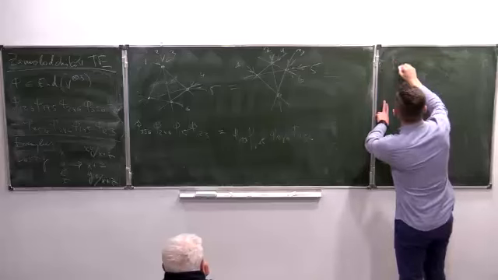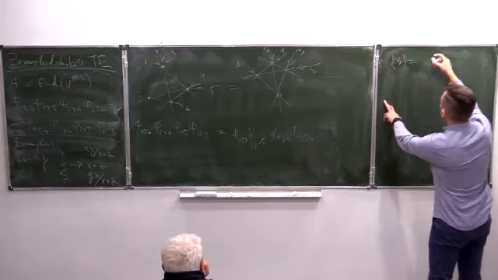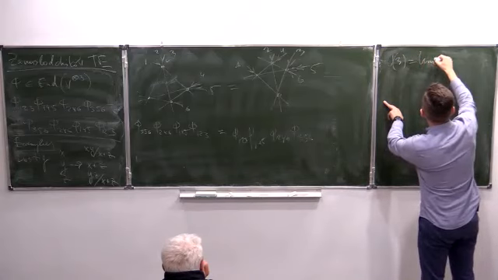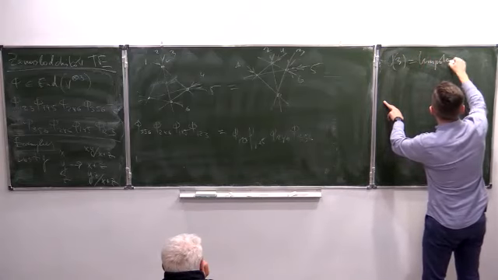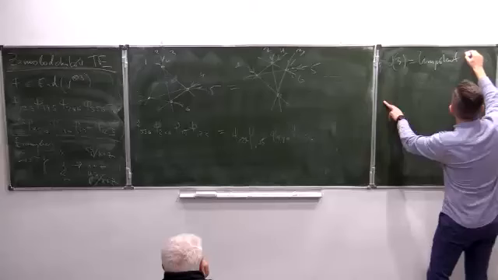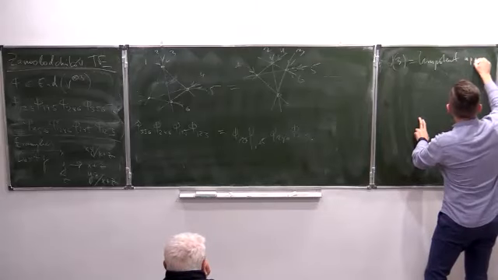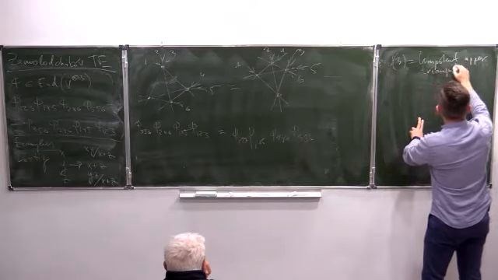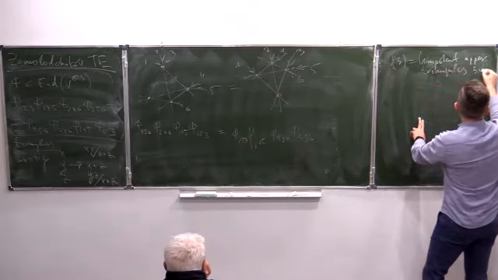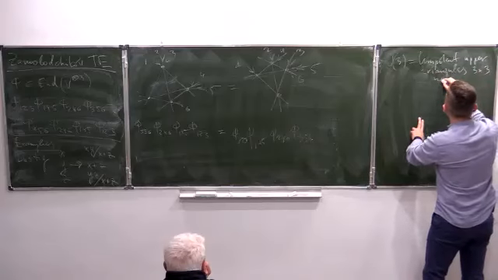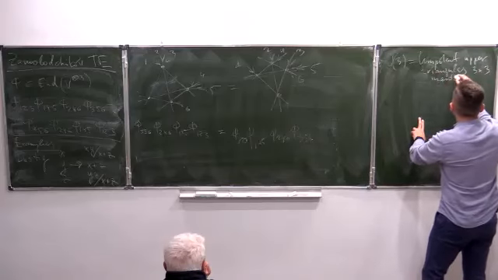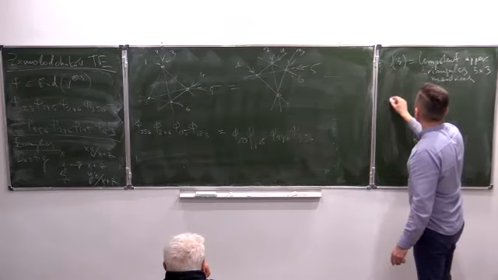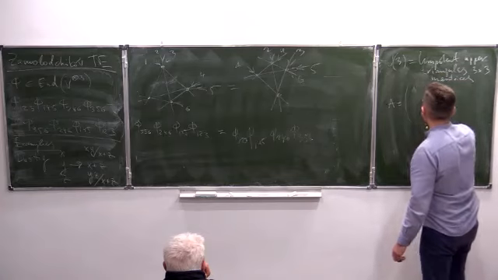I will call U3 the unipotent upper triangular 3x3 matrices. It means the matrices of this type.